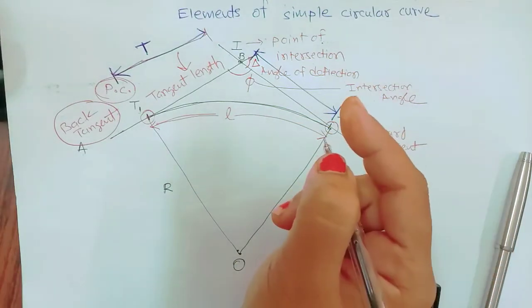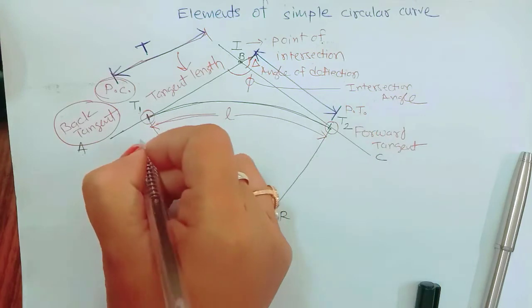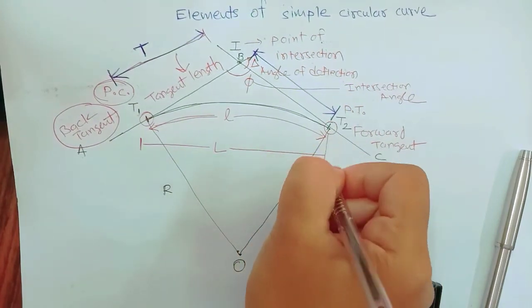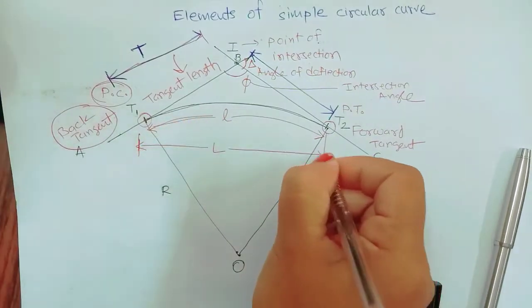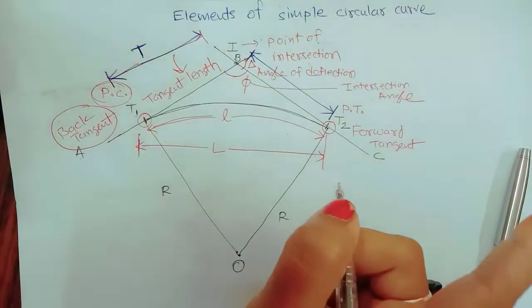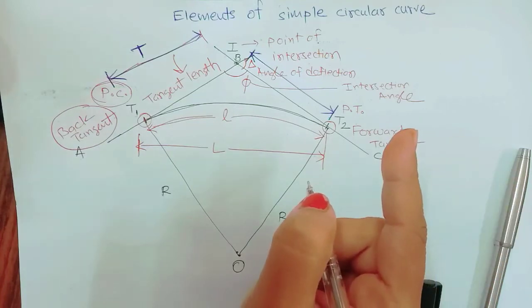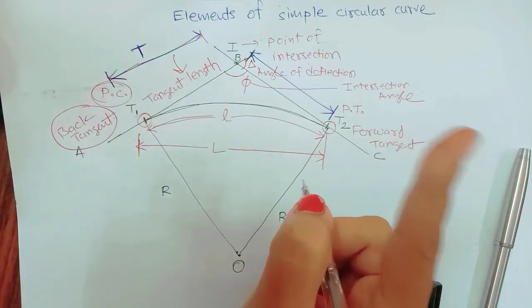Now next element is long chord. Long chord, capital L. So the chord joining the point of curvature T1 and the point of tangency is known as the long chord.